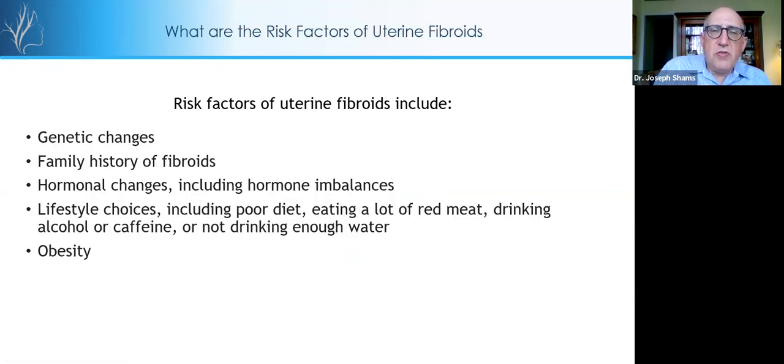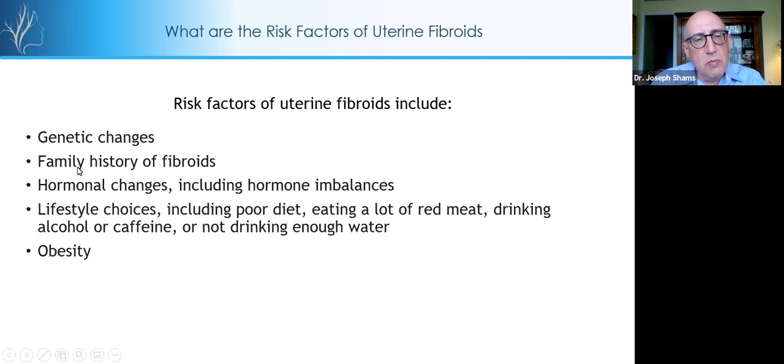Okay, so what are the risk factors for uterine fibroids? They include genetic changes. Many patients have a strong family history of fibroids. There are certain groups that have very high incidence of fibroids. For example, Black women may have up to an 80% chance of having fibroids at some point in their lives.